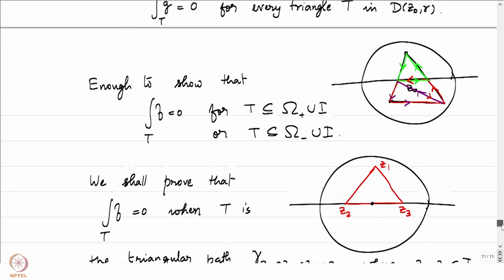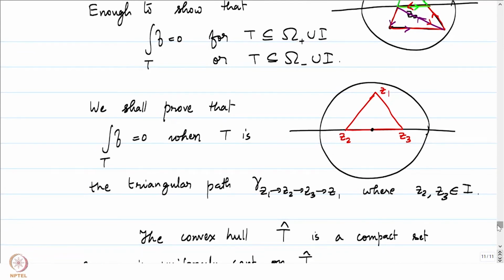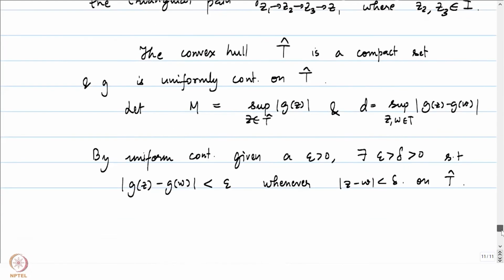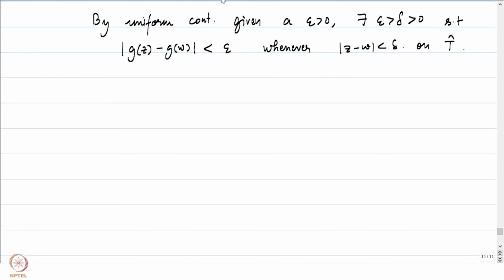Now, let us go back to our picture here, and let us pick 2 points in dark green. Let us call the points W3 and W2 here, and connect these 2 points. Then, if we are to write down the integral, how are these W2s and W3s picked?